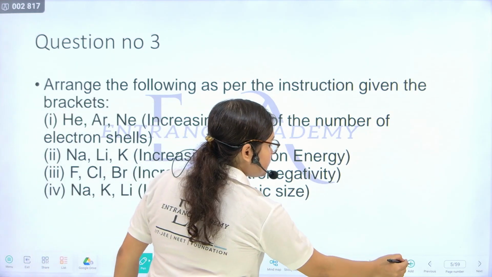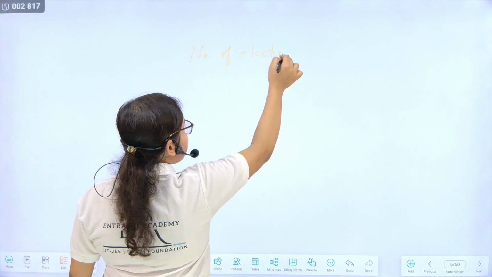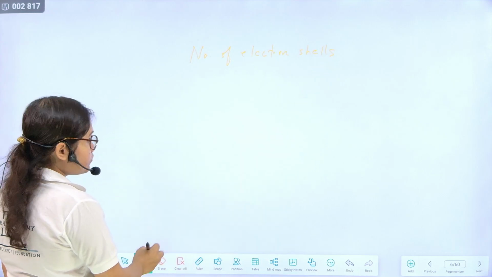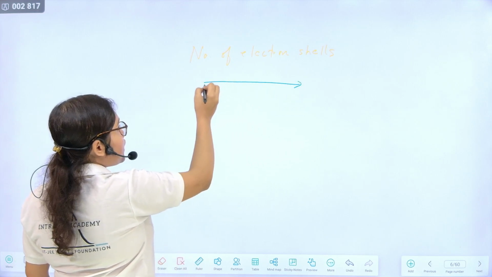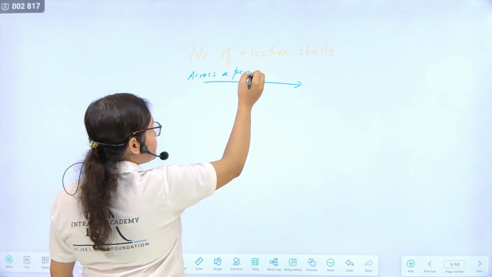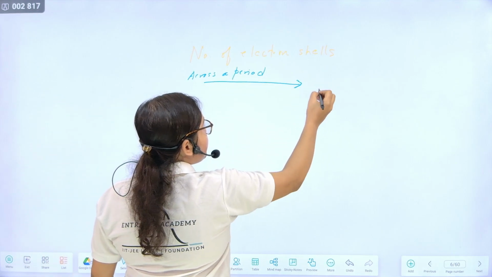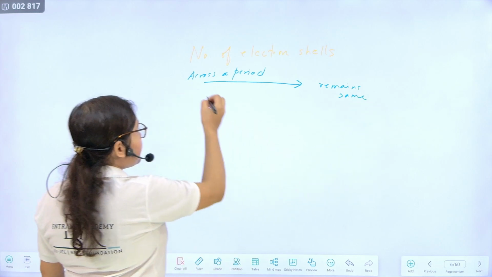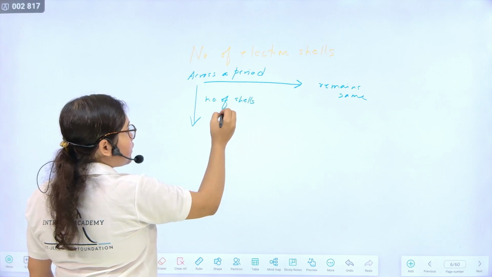So, the number of electron shells: from left to right across a period, the number of electron shells remains the same, and down the group, the number of shells increases.